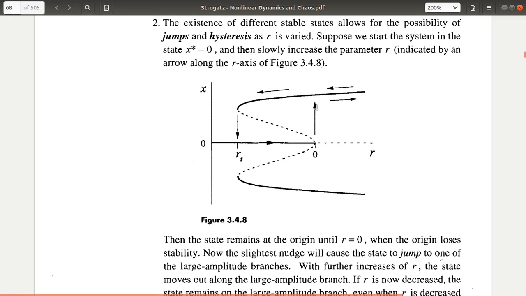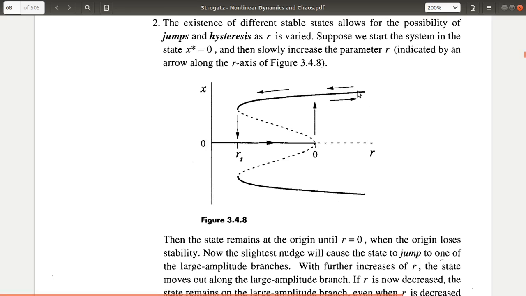If it goes this side, then suddenly there is a jump in the fixed point, and then if I raise my R value, it's going to trace this branch. Now let's say you want to take the system back to the state where X star is 0. What you have to do is reverse the thing, right? You have to reduce the R value to less than 0.